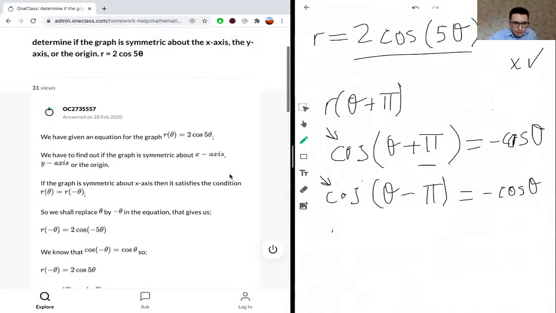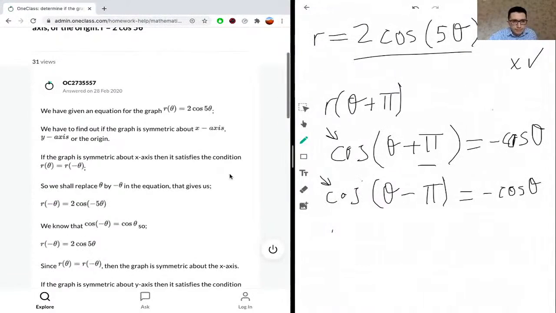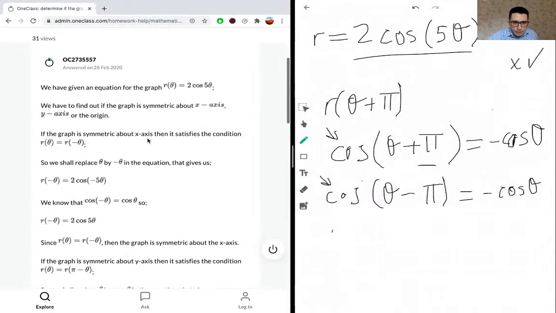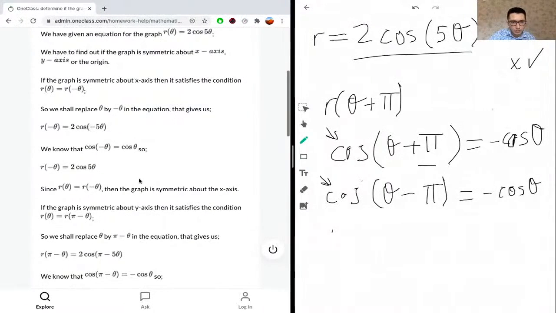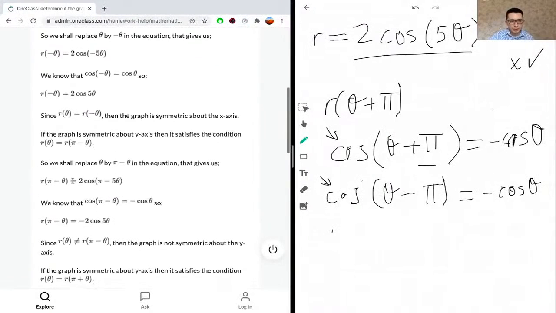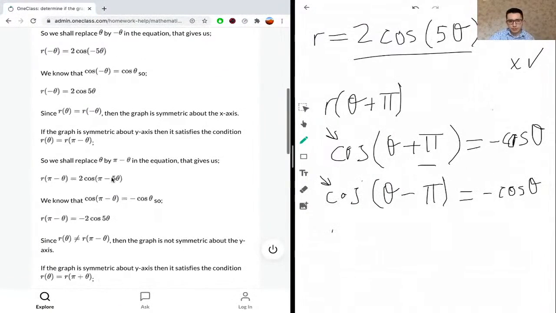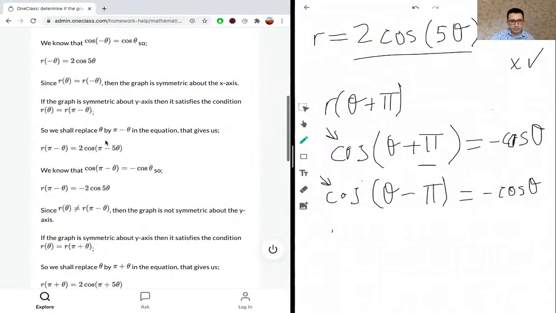So just looking at this solution a little more thoroughly. The x-axis satisfies the condition, so it's correct. They test for this condition, and they ignored the 5 and the 2. You only really care about cos negative theta giving cos theta. So you know that r theta equals r negative theta, and you have x-axis symmetry. And then they test for the y condition. Similar idea here.